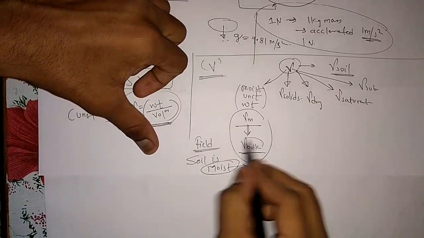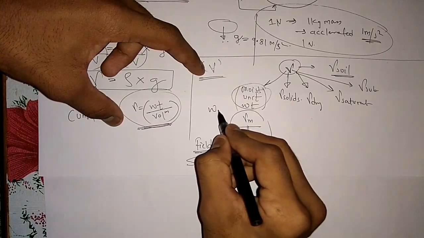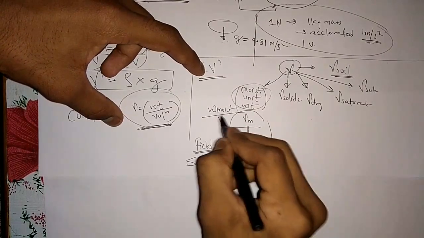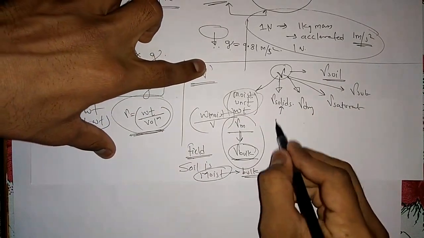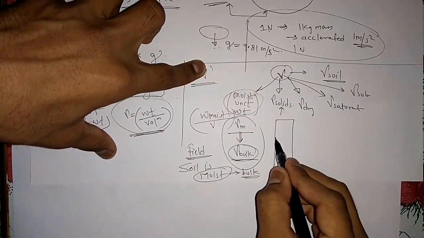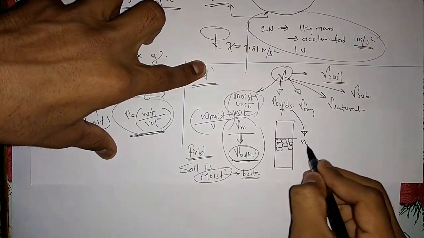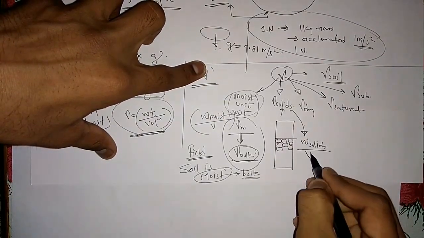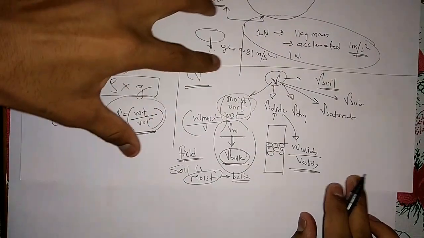So this is defined as bulk unit weight or moist unit weight. It is pretty simple: this is the weight of moist soil upon the volume of the soil. Then solids: we have termed that this three-phase system consists of solids. So you would consider weight of solids upon volume of solids. This is simply the unit weight of soil solids.